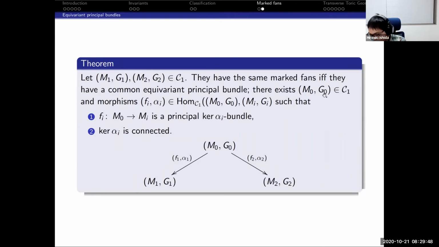Namely, there exists another complex manifold with maximal torus action and morphisms such that the map is a principal kernel alpha bundle, and the kernel of alpha is connected. Namely, this is a subtorus of G0.